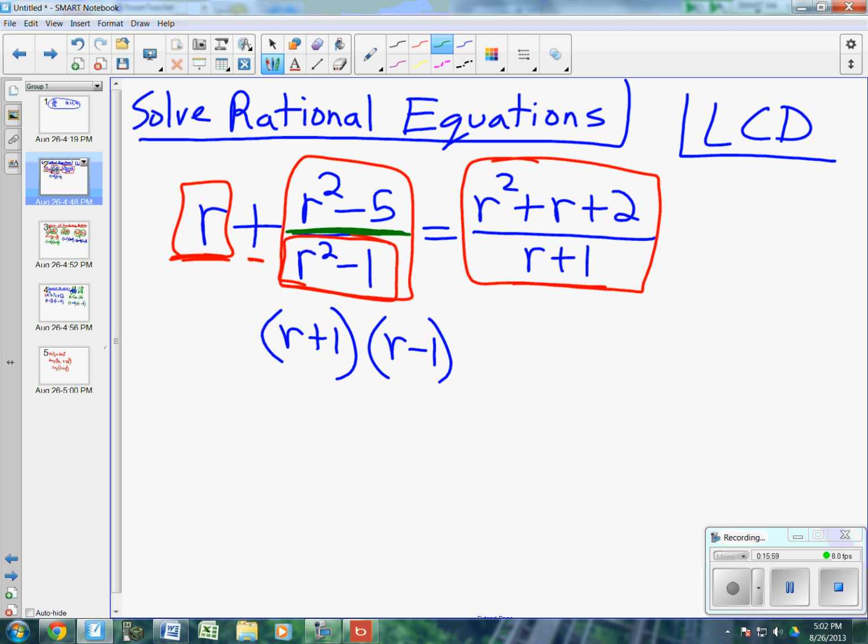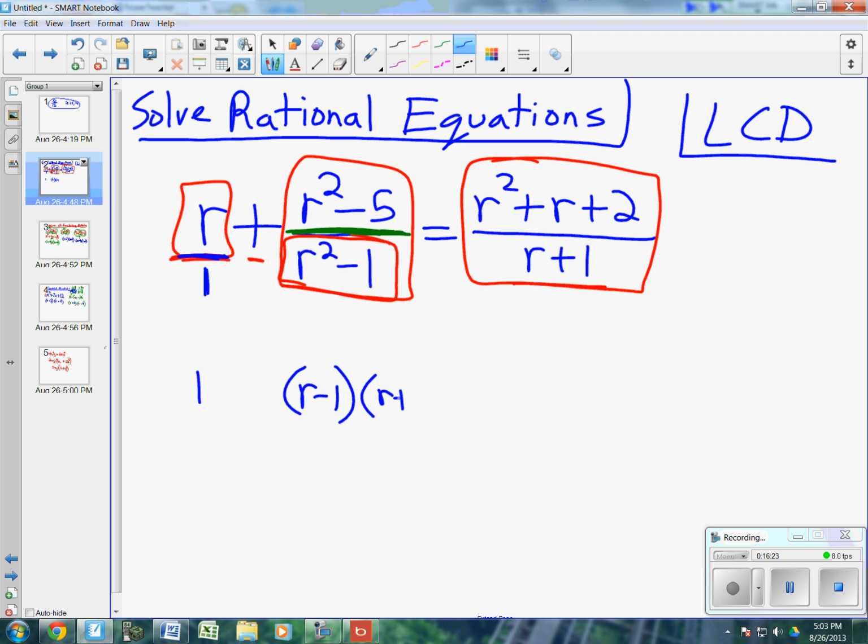So what we're going to do, we already factored that, but I'm going to write it down here. We've got to find the least common denominator first. Right here we have r over 1, so we have a denominator of 1, so we have a factor of 1. Here, the r squared minus 1 factors to be r minus 1 times r plus 1, so we have two factors there, r minus 1 and r plus 1.